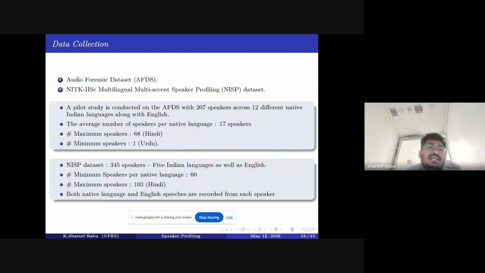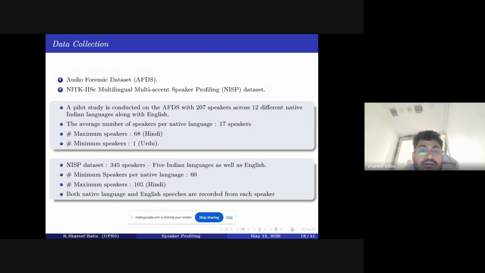For this context, I have collected two different datasets. One is called the audio forensics dataset, AFDS, and the other is the NISP dataset. The AFDS dataset has around 200 speakers, and the NISP dataset has around 350 speakers. The AFDS dataset is a pilot dataset.